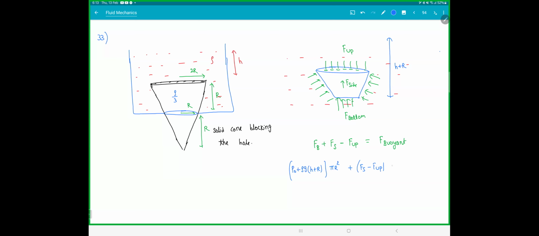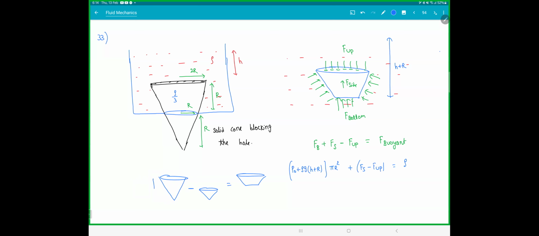I can actually calculate F up also, but okay. Buoyant force will be what? Density of the liquid times volume of that part. How much is the volume of that part? From a full cone, we have done this before, we need to subtract this small cone. Then you're going to get this piece.